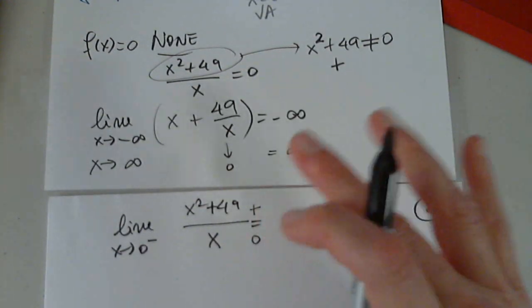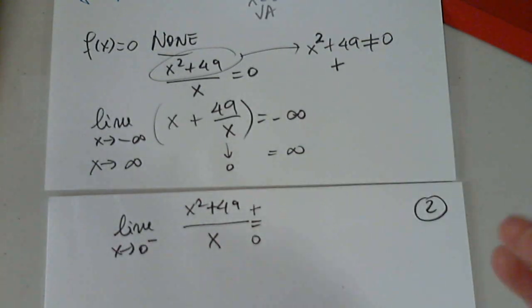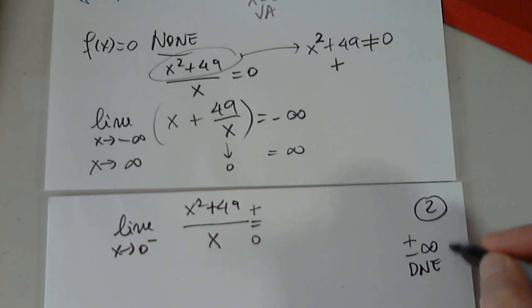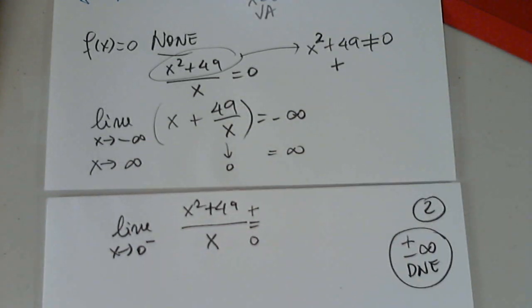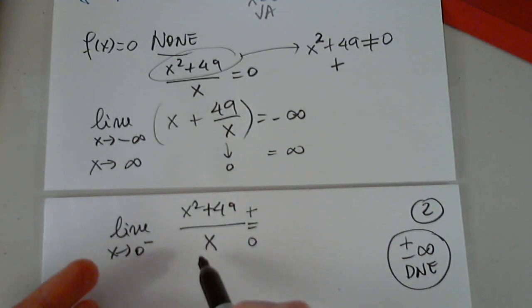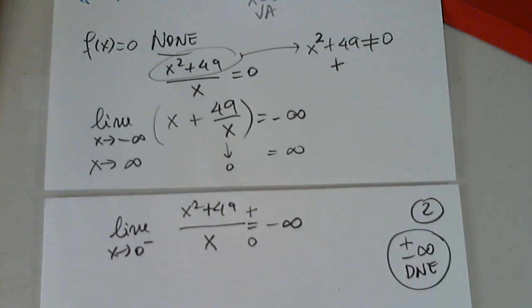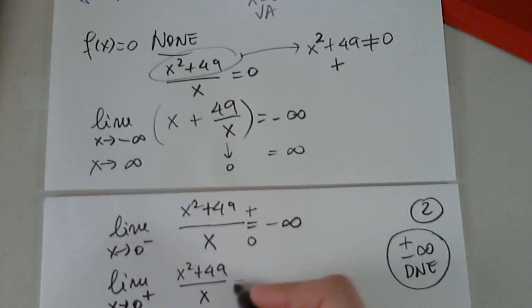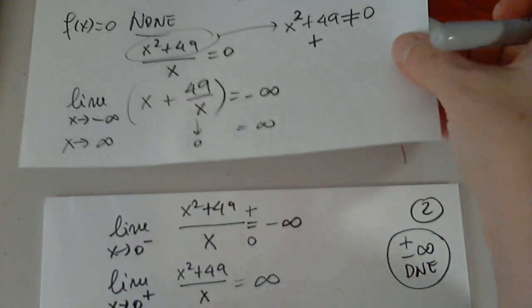In this situation, I know there is no hope. It's either positive infinity, negative infinity, or DNE. But 0 from the left will be a negative number, so obviously this is negative. And the other one, x approaches 0 from the right, of x squared plus 49 over x, the same thing, but now it's positive over positive, and it's done.